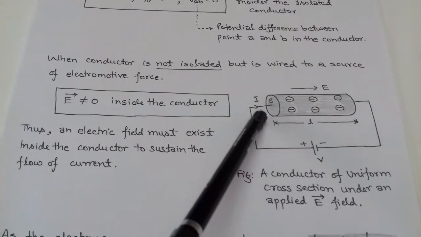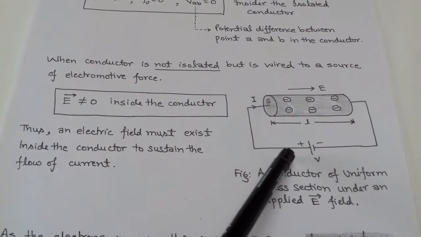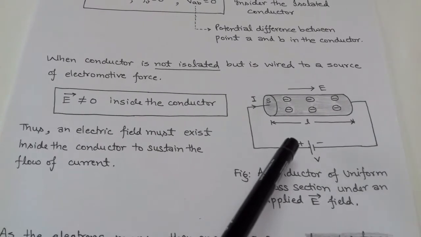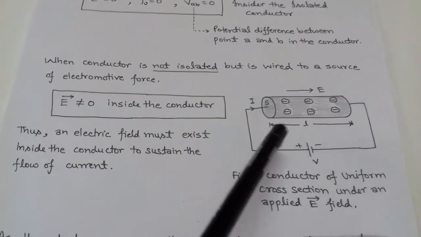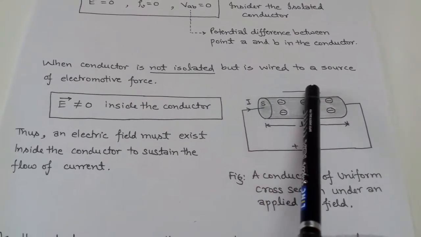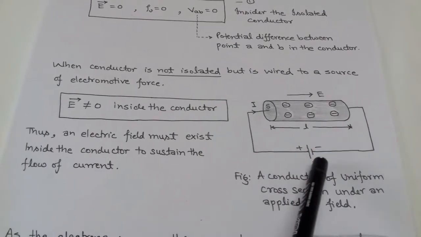That is, the direction of current I is opposite to the direction of flow of electrons, and we know that the direction of the electric field is from the positive terminal to the negative terminal outside this source.